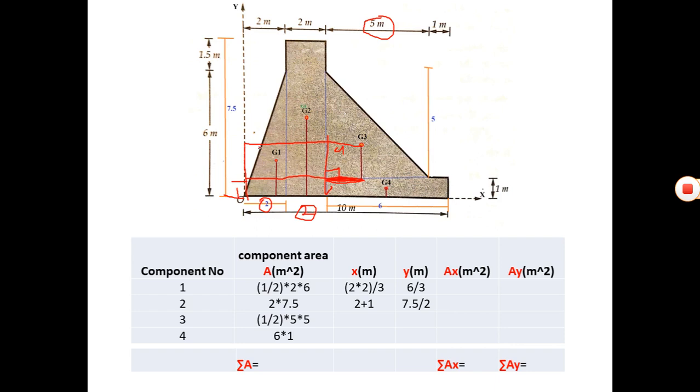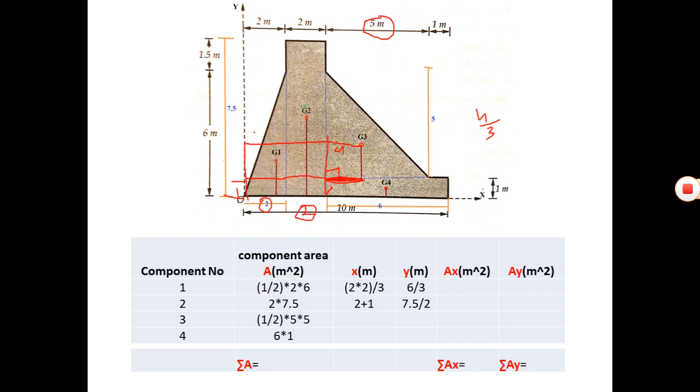Along with that, you need to add this distance, the centroid with respect to y-axis. So for the third geometrical component, the centroid is nothing but, from the right angle side, it is h by 3. Same as earlier, h by 3 from the right angle side.